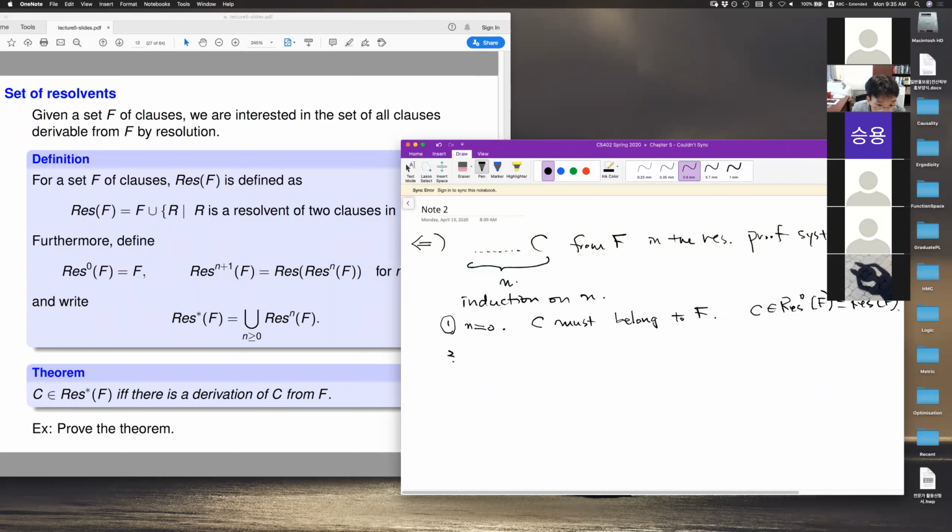The inductive case is, now consider the case that n is greater than 0. In that case, we also do a case split on whether C is an assumption.